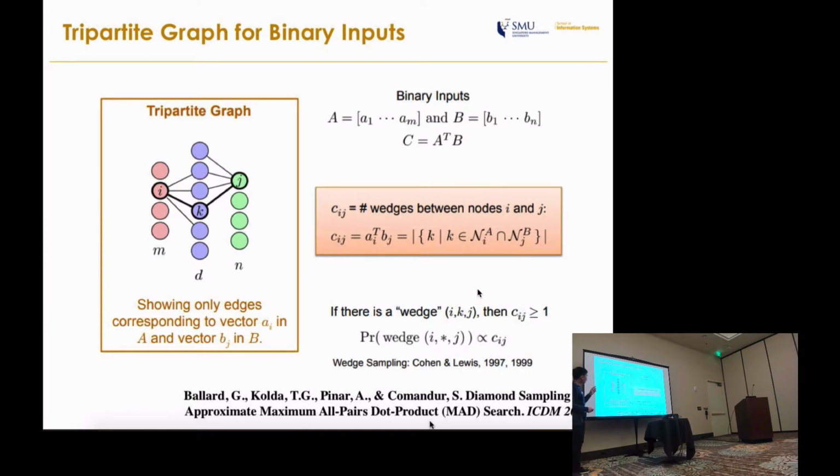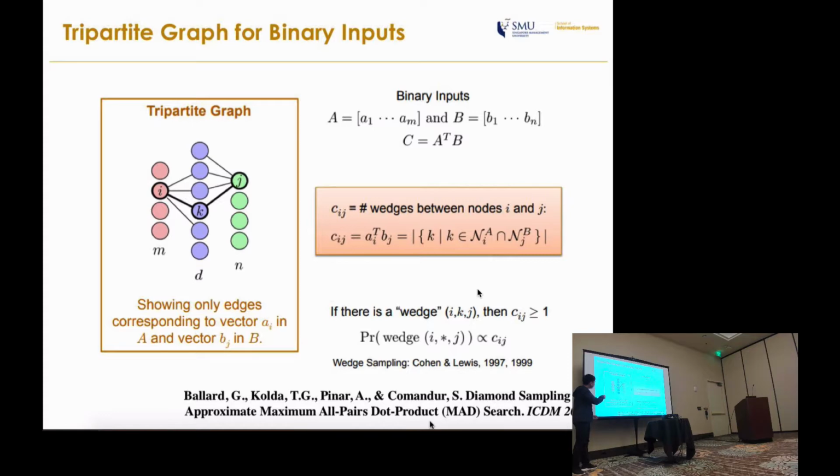Okay. So first, I construct the tripartite graph, in which there are m elements of matrix A, n elements of matrix B, and d is the dimension of the vectors.